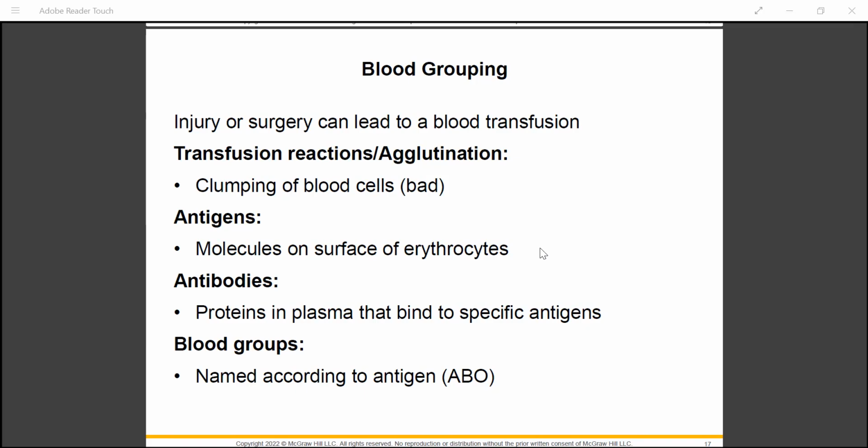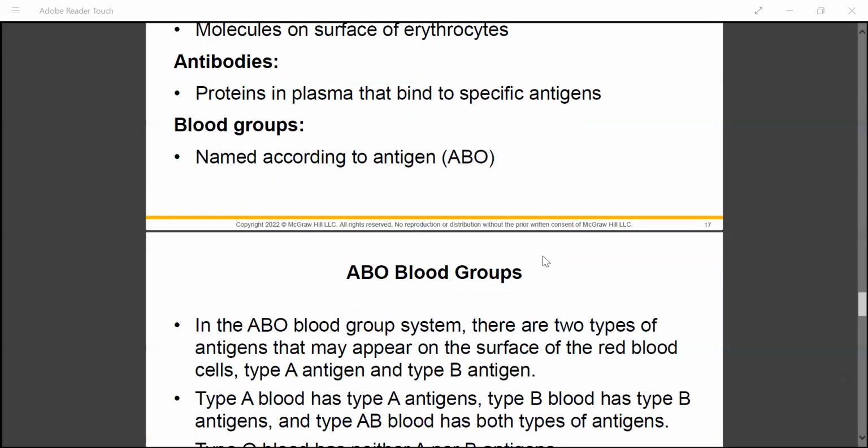Every antigen has an antibody that matches up with it. And then our blood group is going to be named according to the antigen. So you're going to have either A antigens or B antigens, or in the AB blood type, we have both antigens. We'll walk through this some.